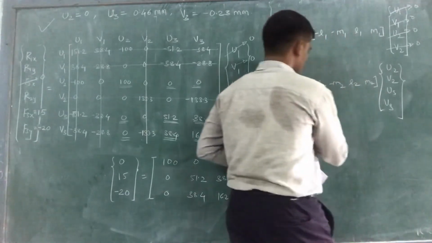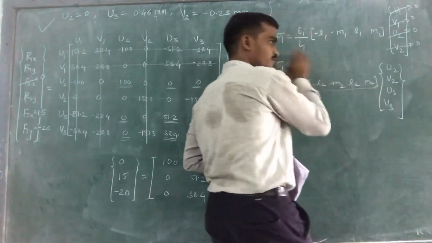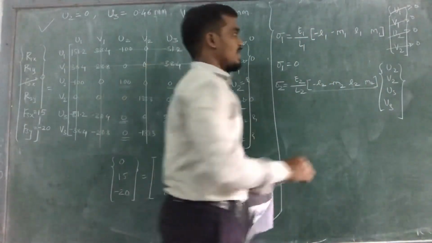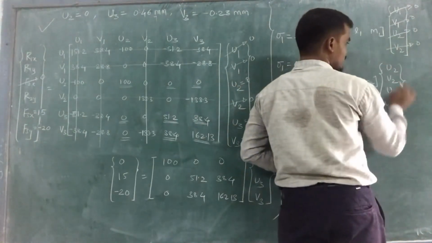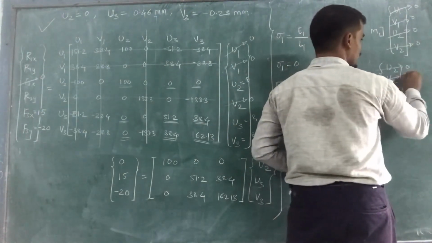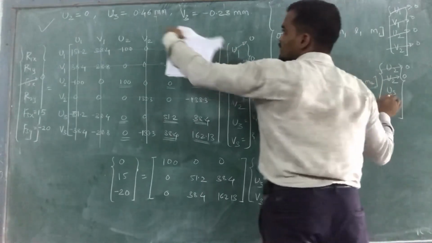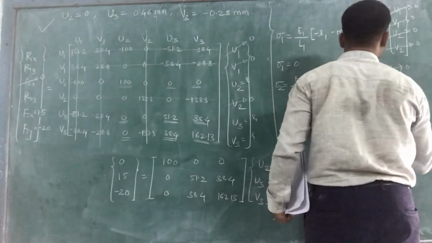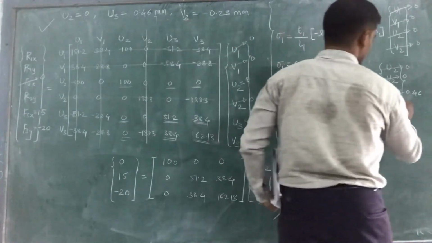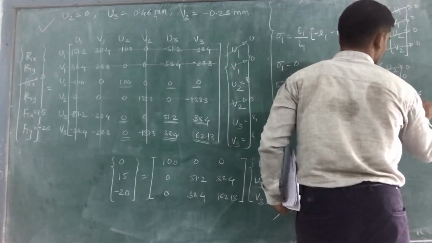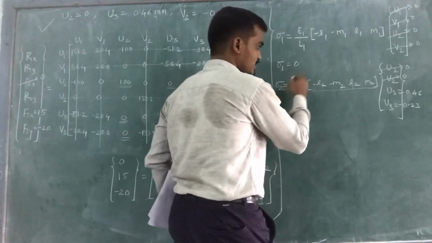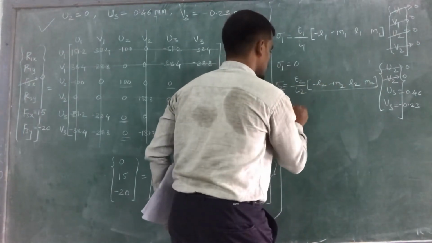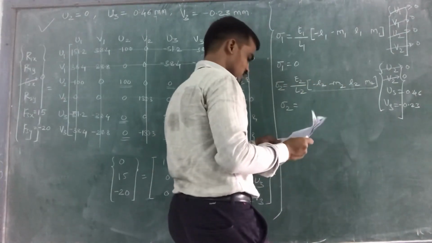Put L and M values from the first table for the second element and put the displacement values. So U2 is equal to 0, V2 is equal to 0. Now the U3 value is 0.46 and the V3 value is minus 0.26. By multiplying this, you will get the sigma 2 value.